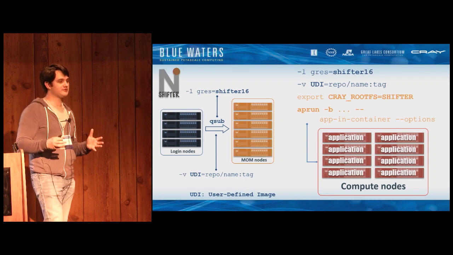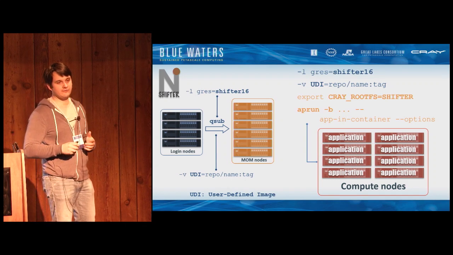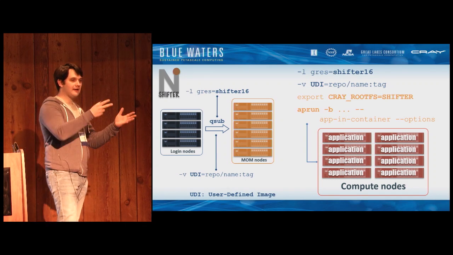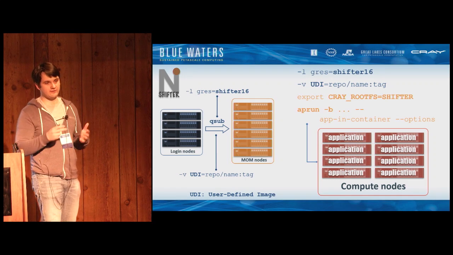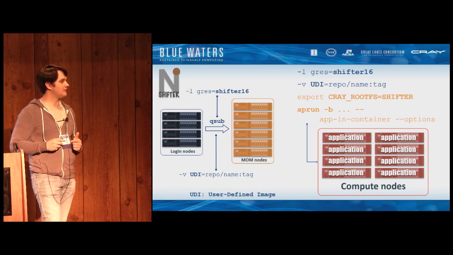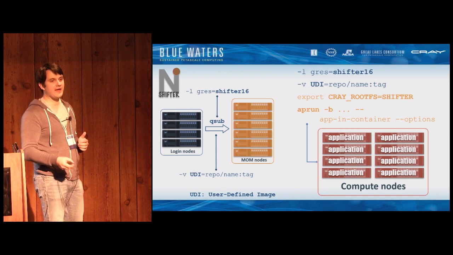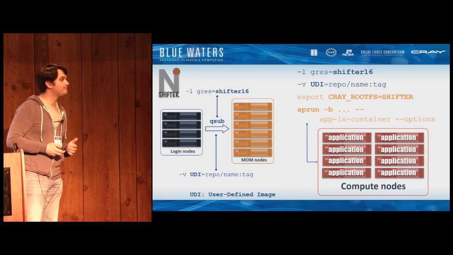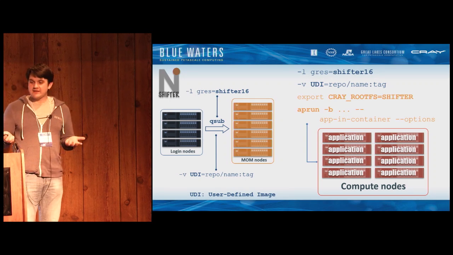First of all, it downloads our image from Docker Hub, converts it to the UDI format, and then it tells compute nodes, OK, fetch them, take them. And by the time we land on a mom node, our compute nodes already have that image.